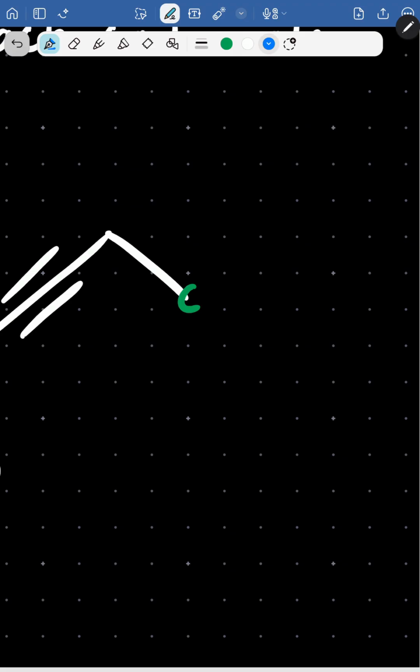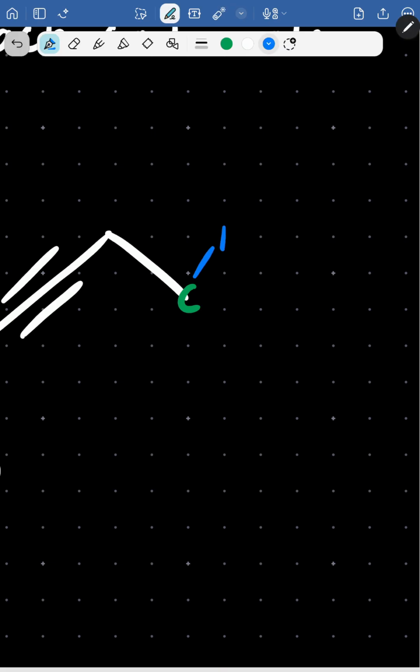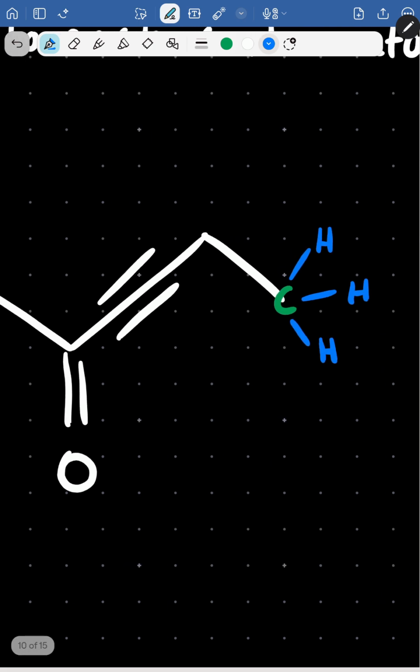It only has 1 bond, right? So 1, 2, 3, 4. It has 3 hydrogens. So we add 3 hydrogens. There we go. And here we have another carbon. How many bonds does it have? It has 2 bonds. 1, 2.